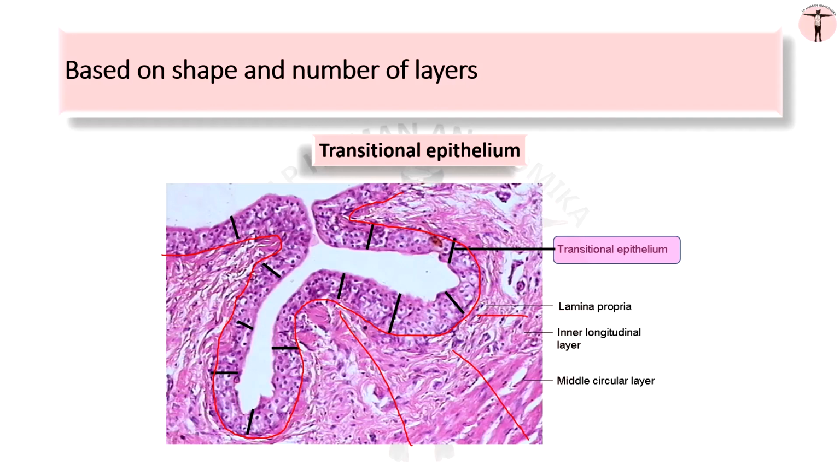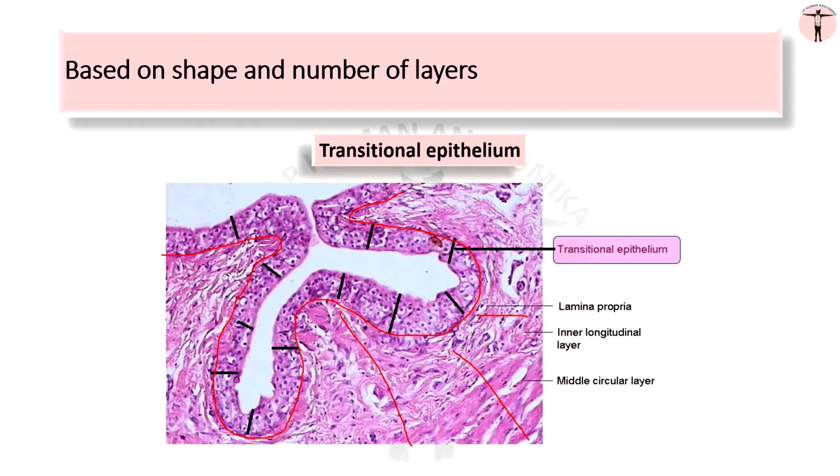So with this, we have come to an end of the classification of epithelium, where we discussed classification based on shape, that is squamous, cuboidal and columnar. Then we classified based on the layers, that is simple and stratified epithelium.